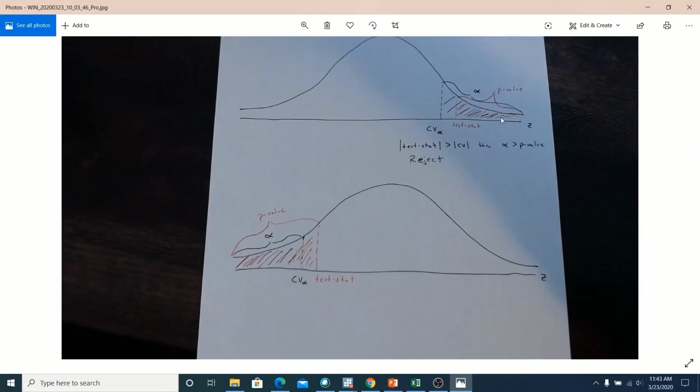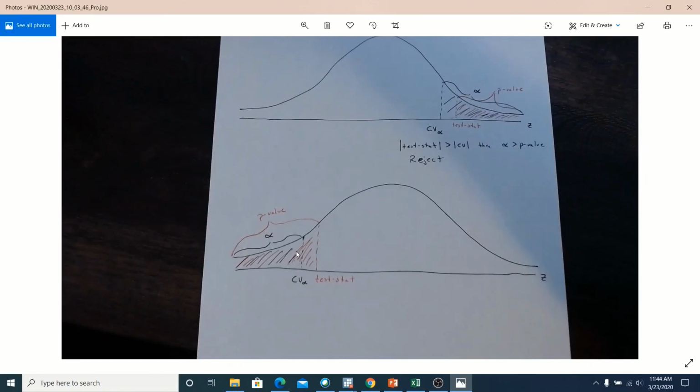If it's somewhere to the right of my critical value, then the test statistic is larger in absolute value than my critical value. So if the p-value is less than alpha, my test statistic has to be greater than my critical value. If my test statistic ever went outside that rejection region, so over here, now the area to the right of my test statistic would be a p-value that is larger than alpha.